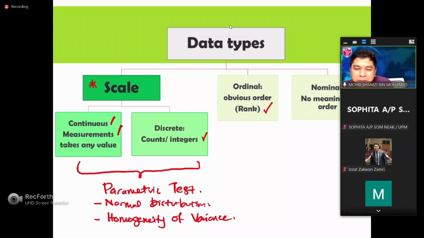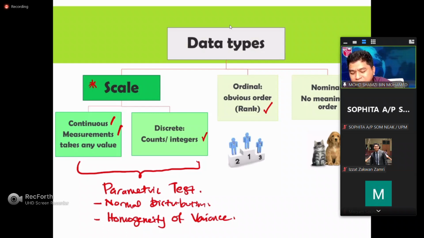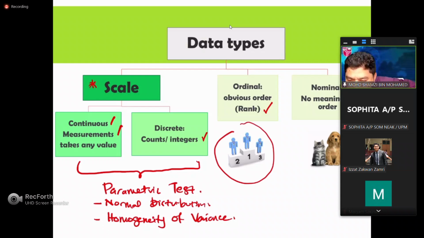Okay, so that's an obvious order to your data. That's a meaningful order. Nominal has no meaningful order, like cats and dogs, black and white. This one you have order. Nominal data are in no particular order.